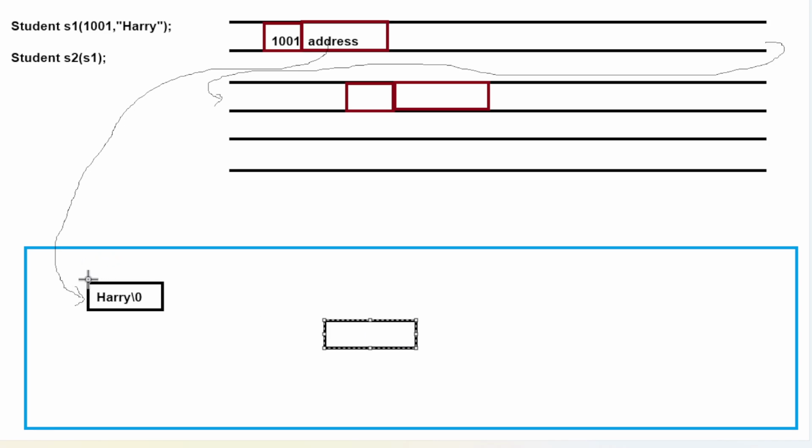It could be before this memory, it could be after this memory, wherever it is available. And after that you make this pointer point to this memory space.